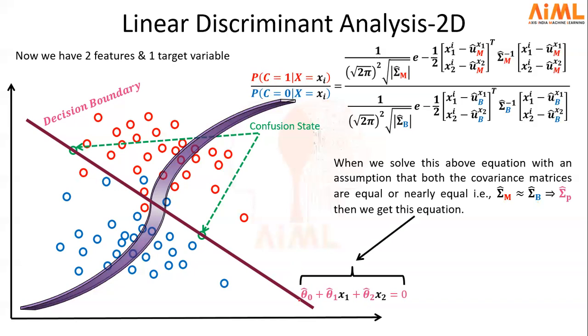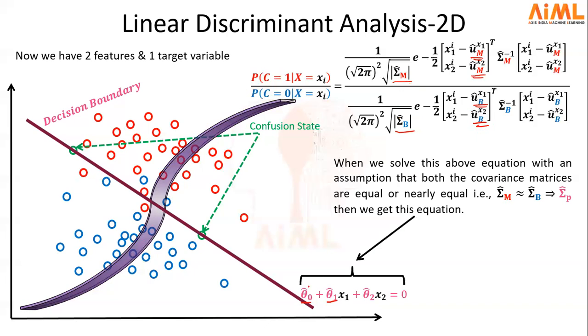So guys, you already know what theta hat 0, theta hat 1 and theta hat 2 will be, because when you solve this whole ratio and simplify this equation, they consist of some complicated functions of mu hat x1m, mu hat x2m, mu hat x1b, mu hat x2b, as well as covariance matrices. That means the parameters of your two-dimensional Gaussian distributions.